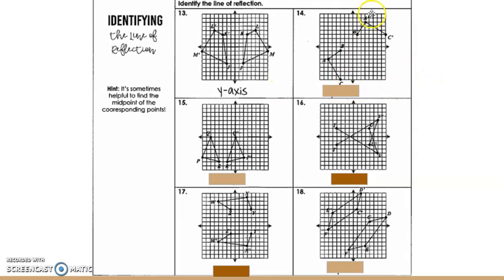Number 14, we see that the sides are diagonal, and so since it's sort of diagonal, we're using our y equals -x line. For number 15, it looks like there is a line in between R and R prime, and that line is going to be x equals -3.